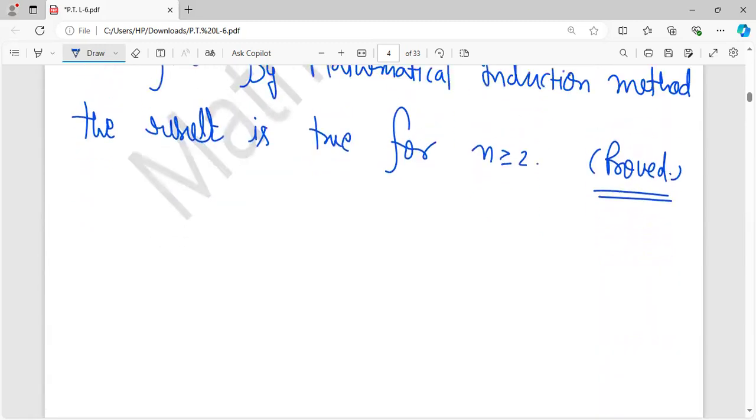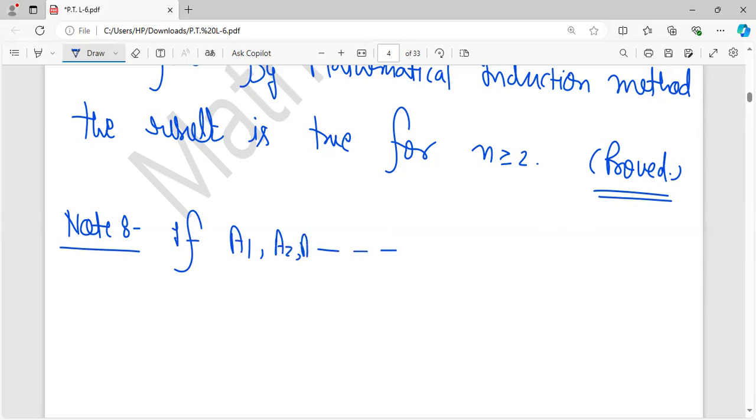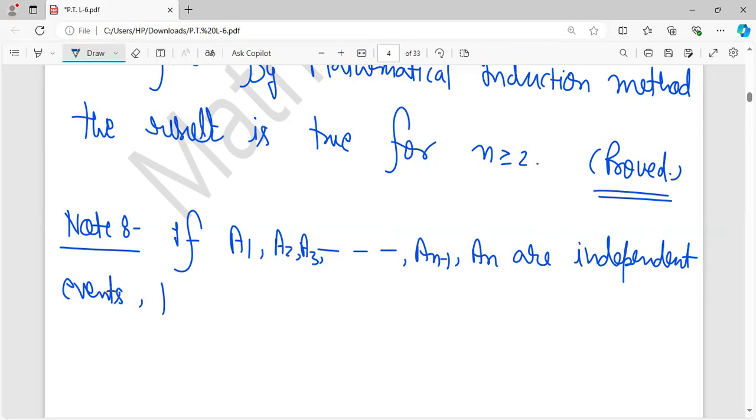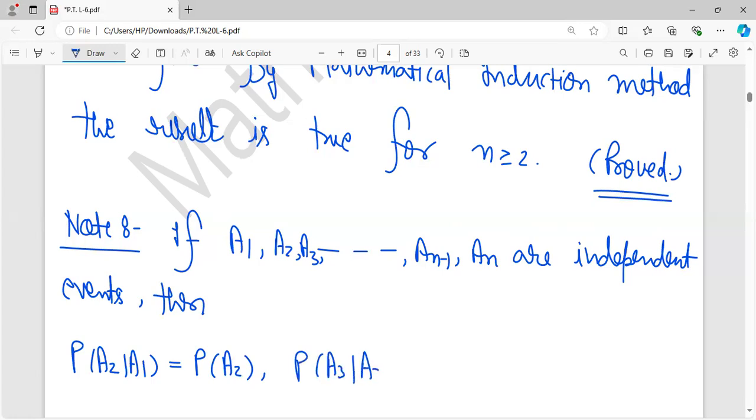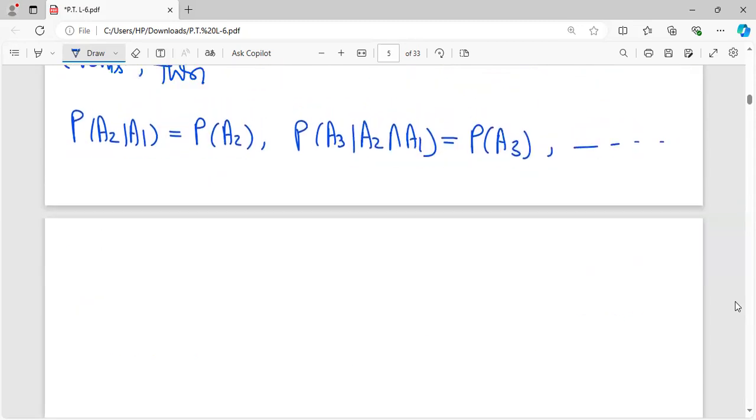Now I would like to write one more here. So if A1, A2, A3, An minus 1, An are independent events, then P A2 relative to A1 is equal to P A2, and P A3 relative to A2 intersection A1 is P A3, and so on.